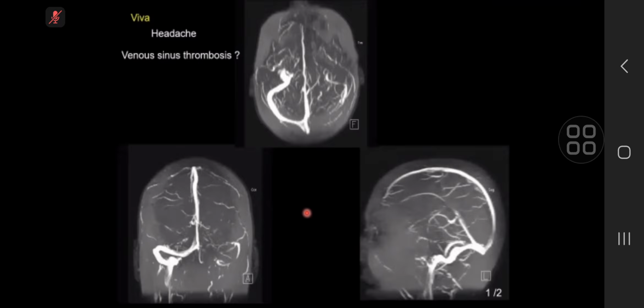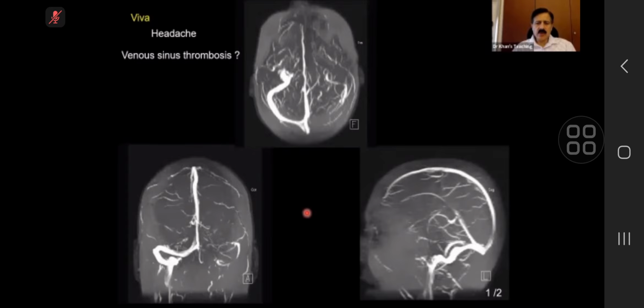So again, classical scenario which happens in day-to-day practice. You do an MR with MRV, and the patient's history is, for example, the patient is pregnant. They're worried about sinus thrombosis. So in this particular case, the MR sequences were okay.